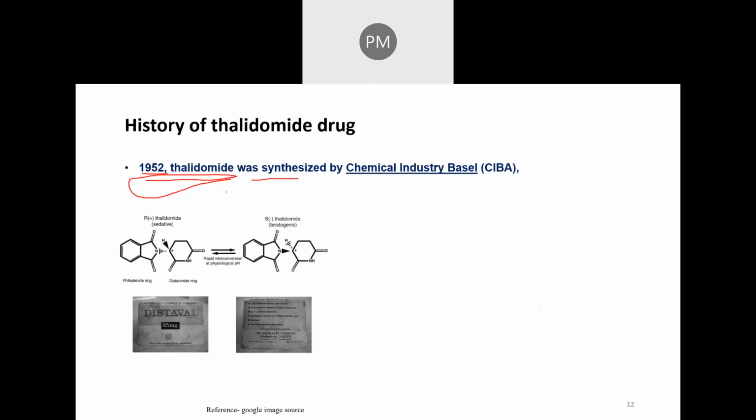After the discovery of this drug, it was nicely tolerated by humans, and people seemed to profit from it. But after two or three years, there were some cases.